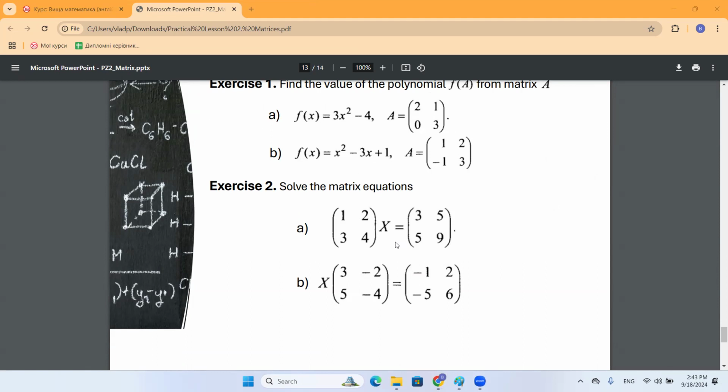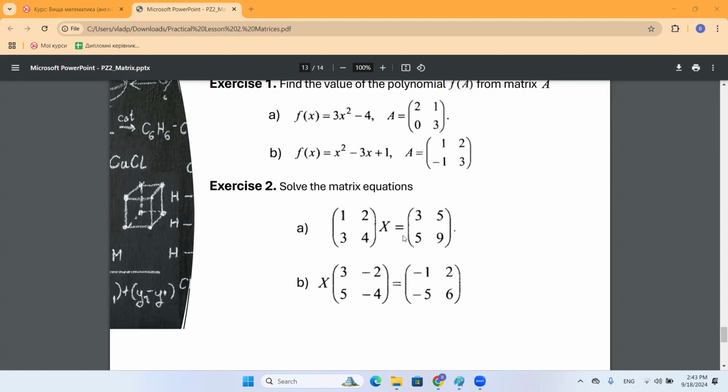A matrix or a number? Sorry, can you repeat the question? What is x? Is it a matrix or a number? Matrix. Yeah, it's a matrix.